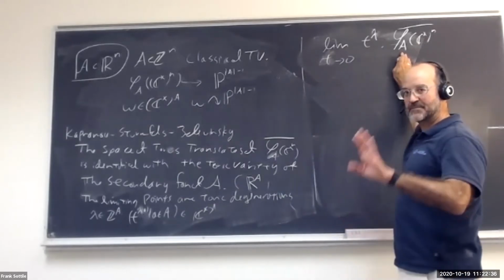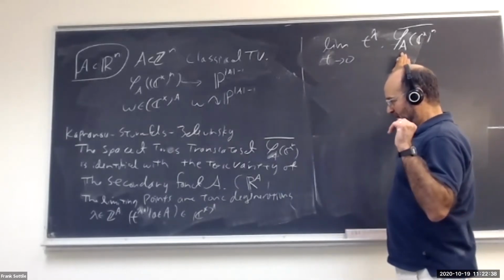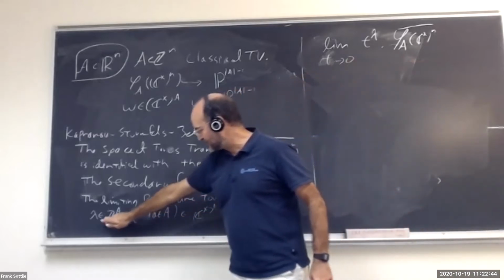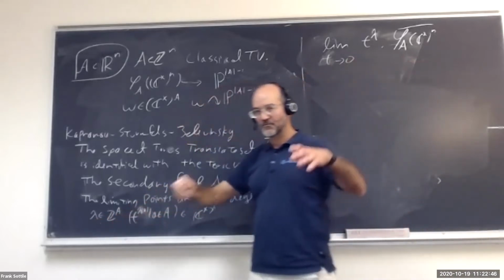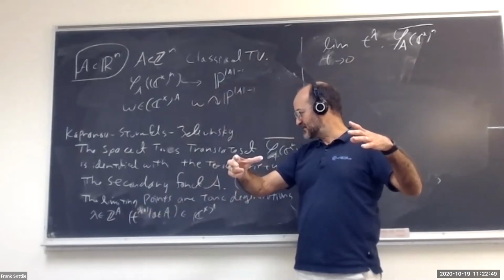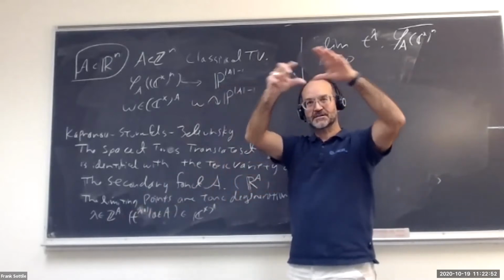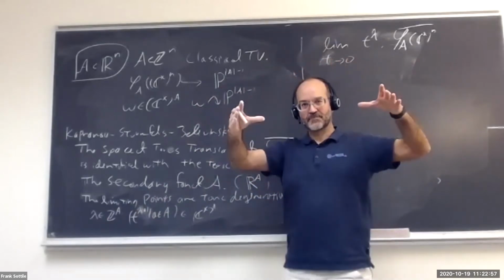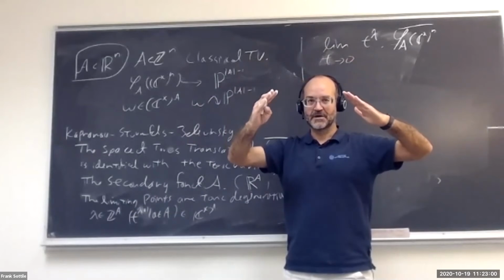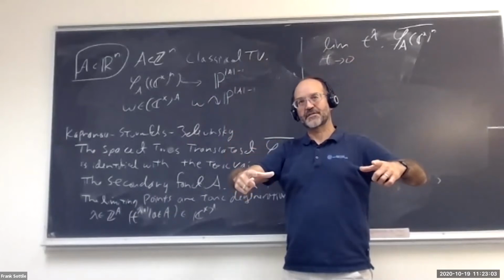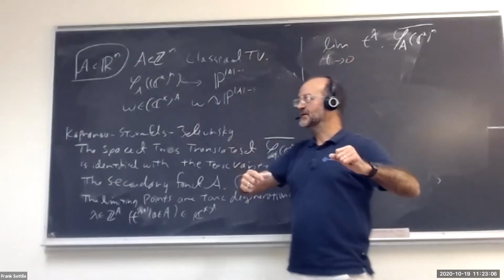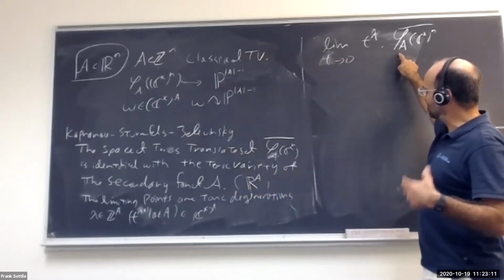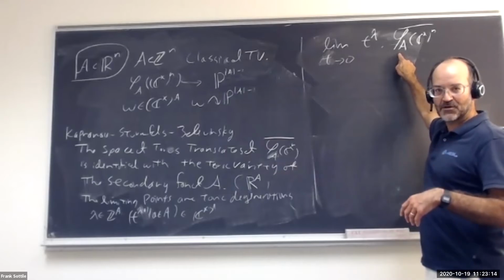There's a nice structure of these that I'm not going to explain, but briefly, if you consider the graph of this function over A, it lives in n+1 dimensions, and you take its convex hull, you get a polytope in n+1 dimensions, and you look at the upper part of that polytope. The facets you see on the upper part of the polytope give you a polyhedral subdivision of the convex hull of A, and this limit is a union of toric varieties, one for each of those polytopes.